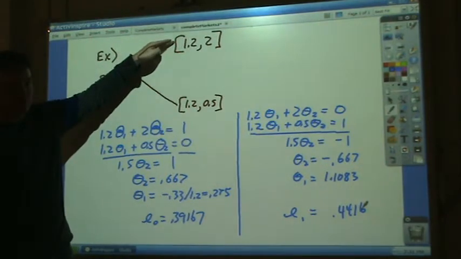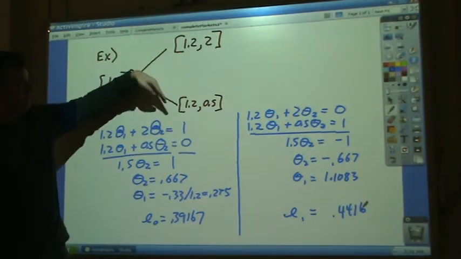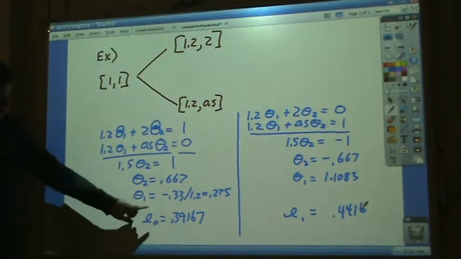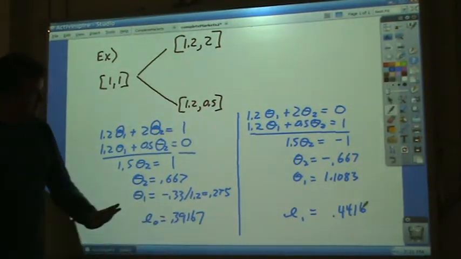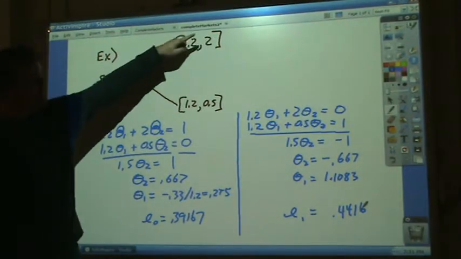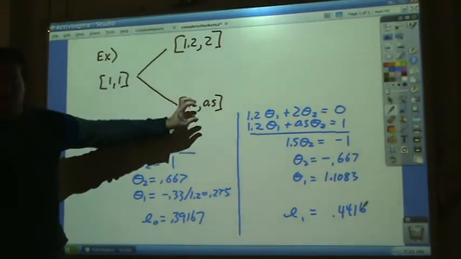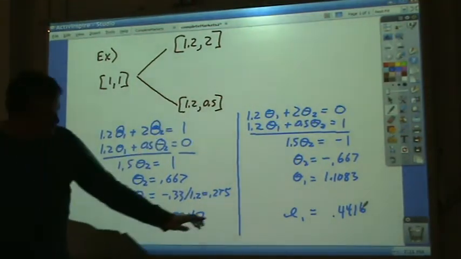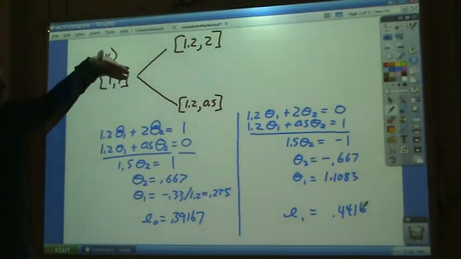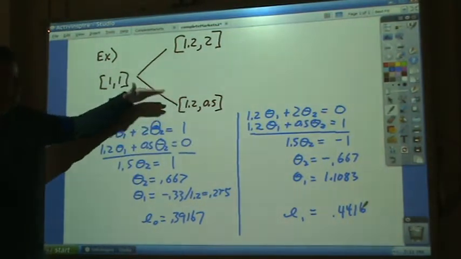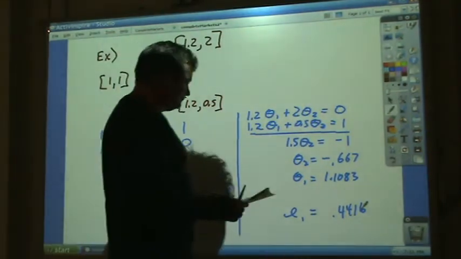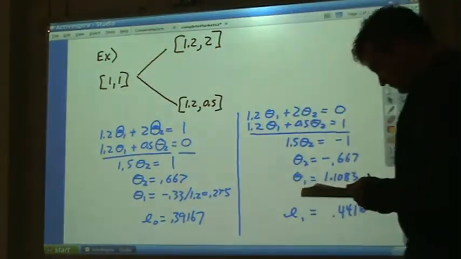There's an elementary security possibly for every state, and there's only two states. So for the first state, for approximately 39 cents, we can buy a security that if the market goes up, we get $1, and if the market goes down, we get 0. For 44 cents, we can buy a security that if the market goes down, we get $1, and if the market goes up, we get 0. So that's how much each of those would cost.